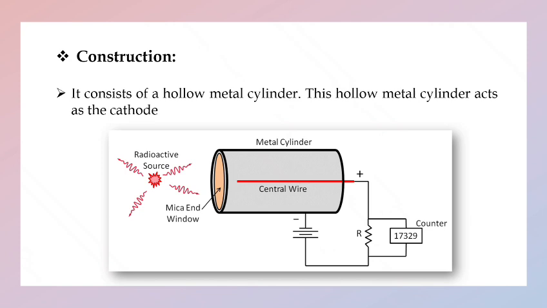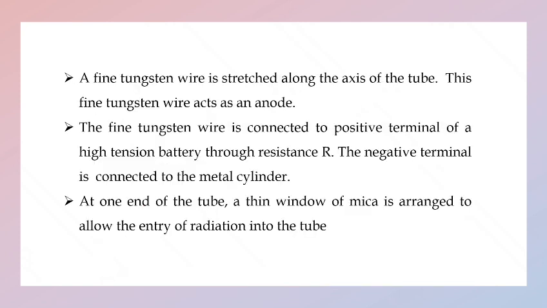So as you can see in the figure, GM counter consists of a hollow metal cylinder. This hollow metal cylinder acts as cathode. A fine tungsten wire is stretched along the axis of the tube. This fine tungsten wire acts as anode.